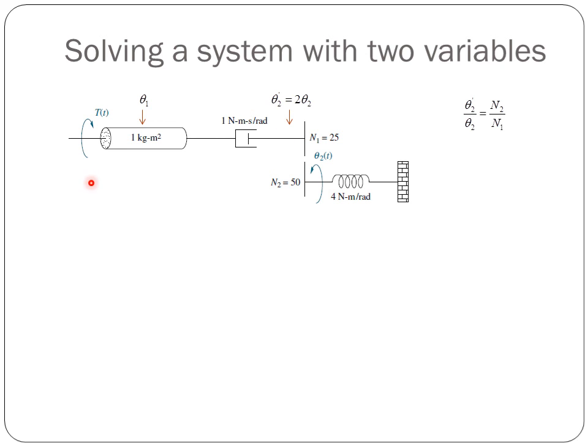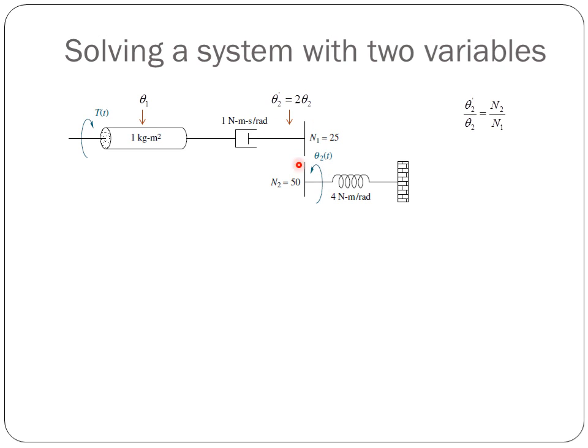Okay, so we have an input torque here. So now we are going to write how many equations? How many variables are here? Theta 1, theta 2 dash, and theta 2. So are we going to write 3 equations? No. We have repeatedly mentioned that theta 2 dash and theta 2 are dependent variables.